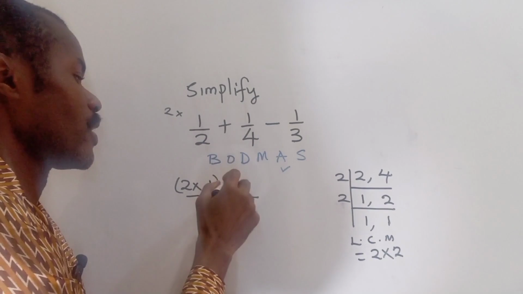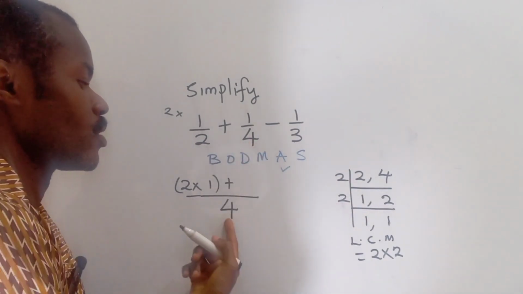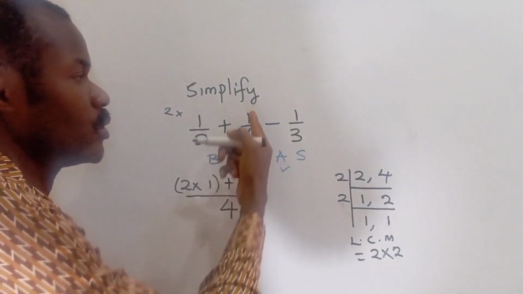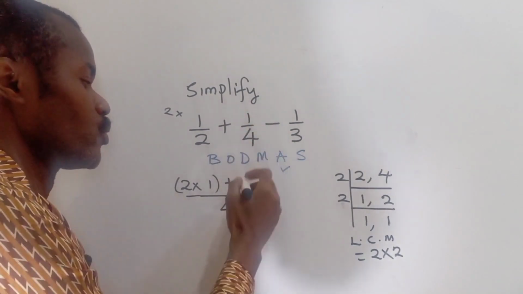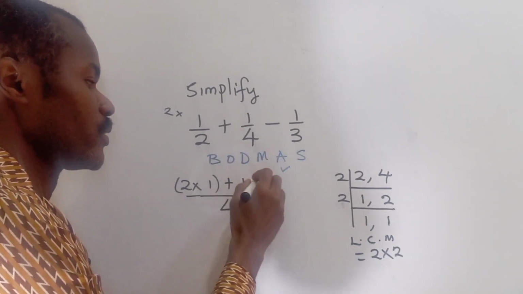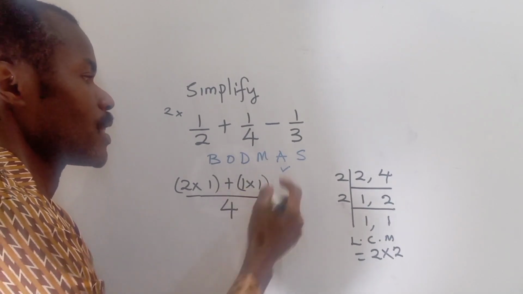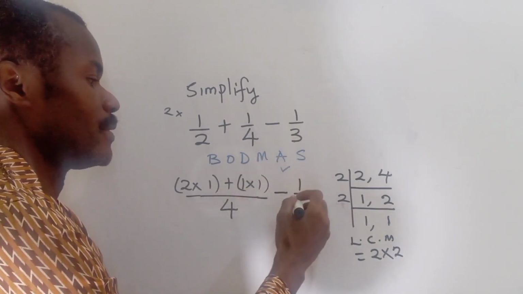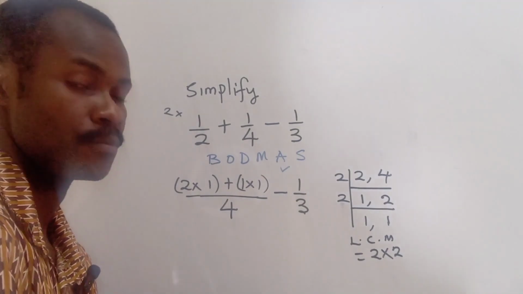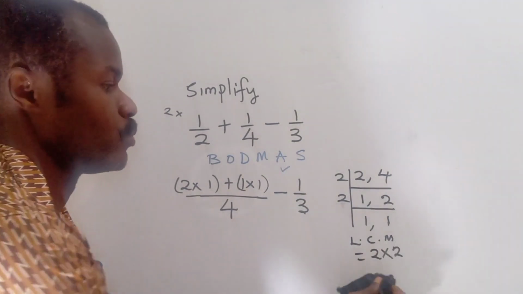So we have plus, 4 here is coming to divide this 4 is 1. So we have that 1. We are going to use it to multiply the numerator, which is this. And you have to remember to put that.